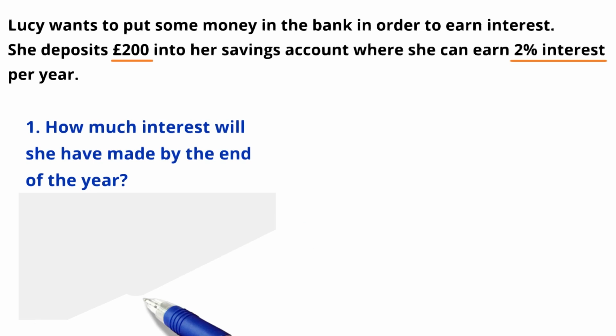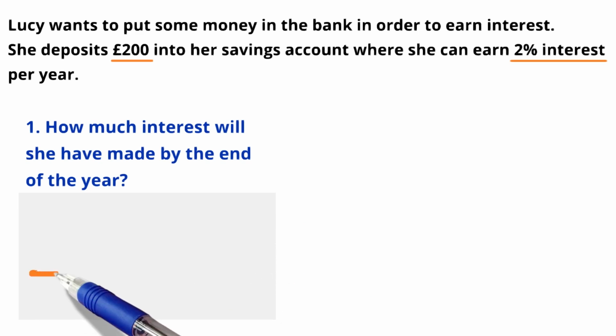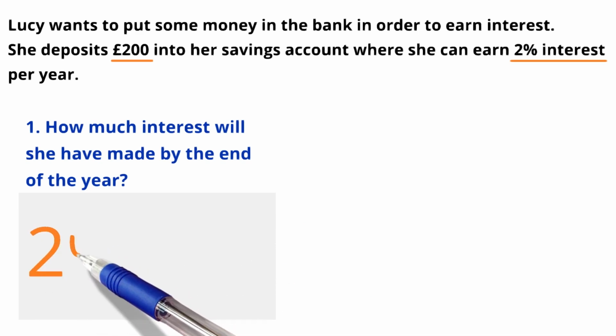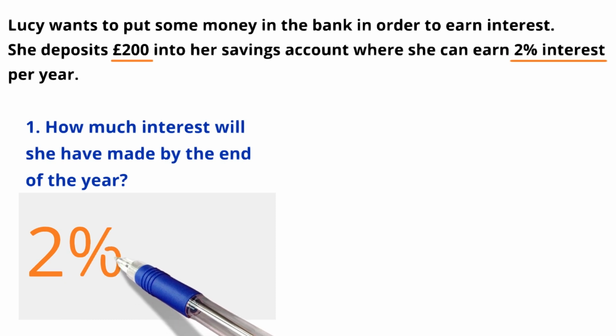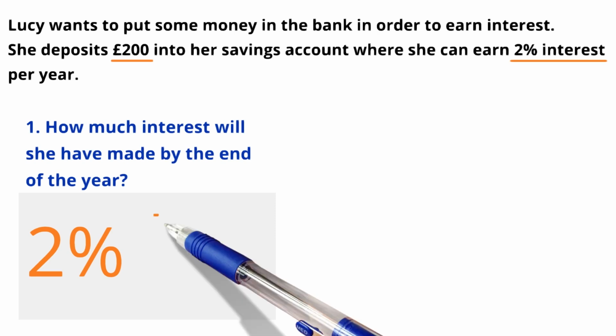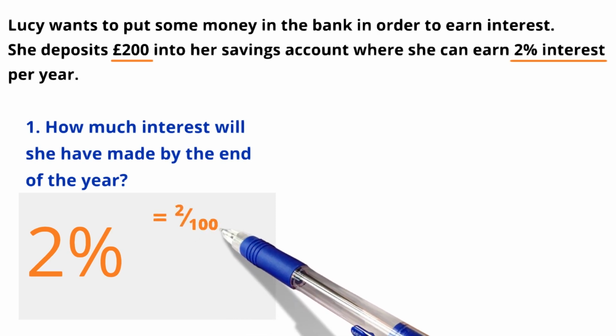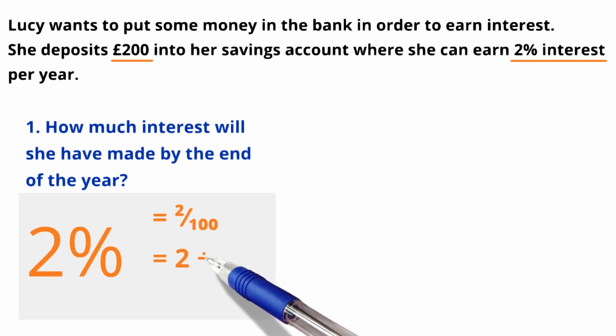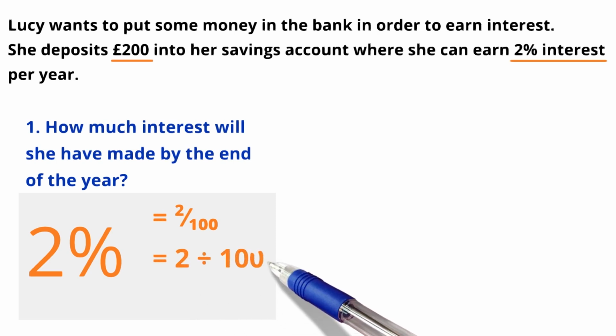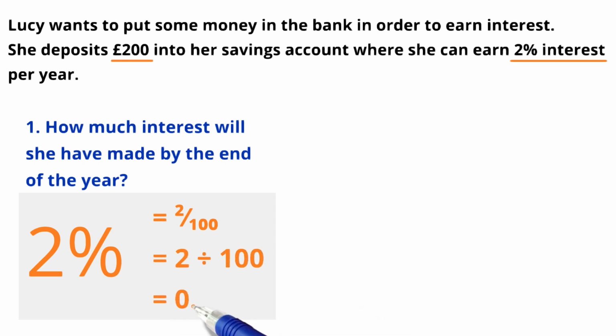Looking at question 1. To find out how much interest Lucy earns over a year, we need to find 2%, which is the interest she gets from the bank on her £200 deposit. 2% is the same as 2 out of 100, which is the same as 2 divided by 100, which, as a decimal, is 0.02.